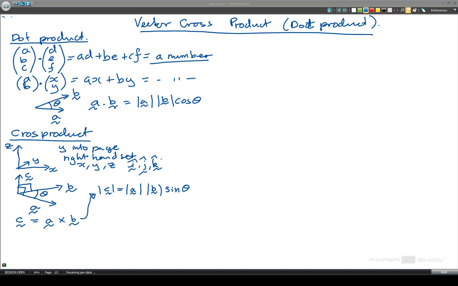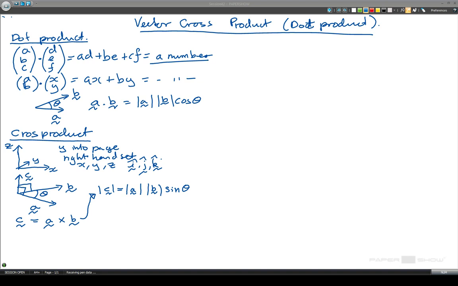It's 0, and so C is 0. And so whenever theta is somewhere in between 0 and 180 degrees, then there will be a unique direction which is perpendicular to A and B, and the cross product finds that direction.